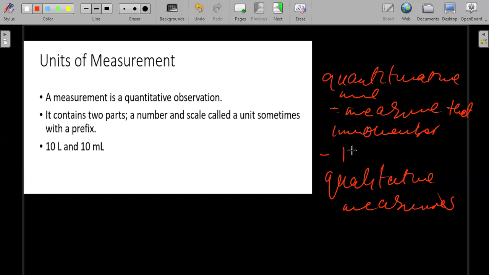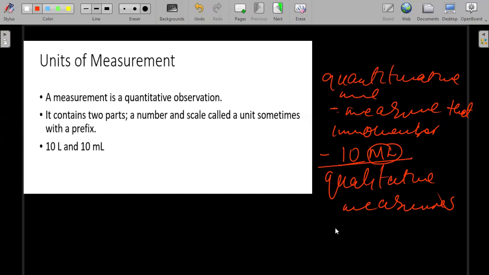So that volume is actually a quantitative measurement. The quantitative measurements will usually have two parts: the number and the units. So all those measurements that involve digits are going to be called quantitative measurements. Now we have also other types of measurements which are called qualitative measurements.